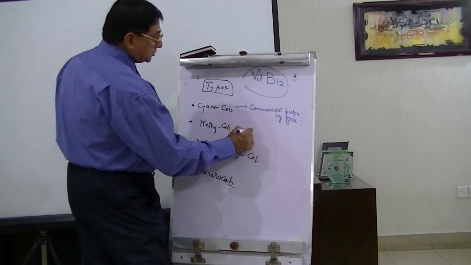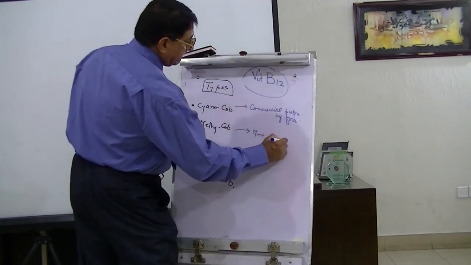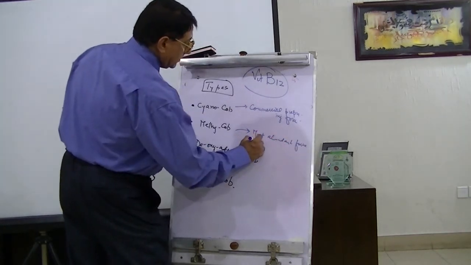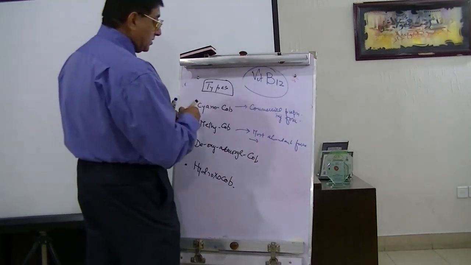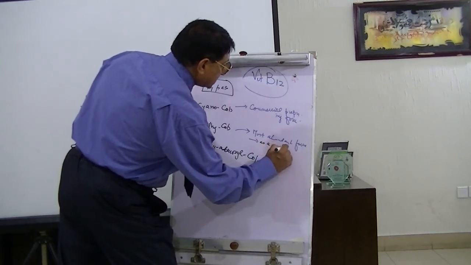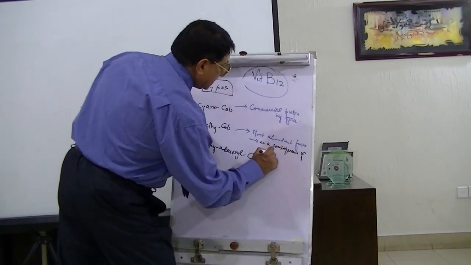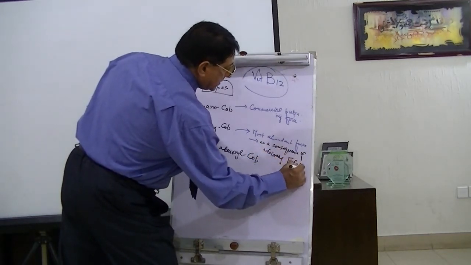Methylcobalamin is the most abundant form, and it is formed as a consequence of relieving the folate trap.